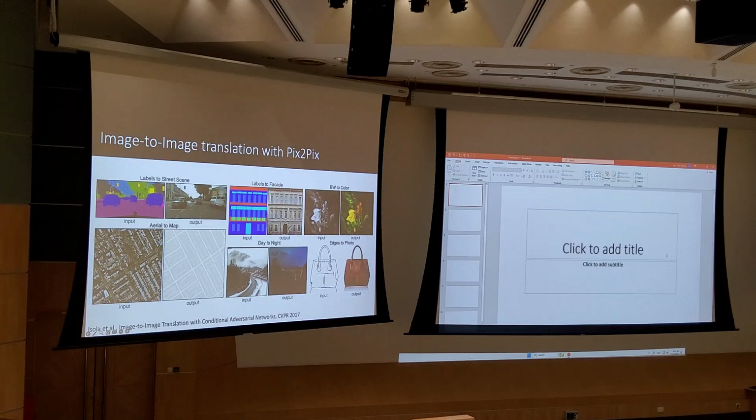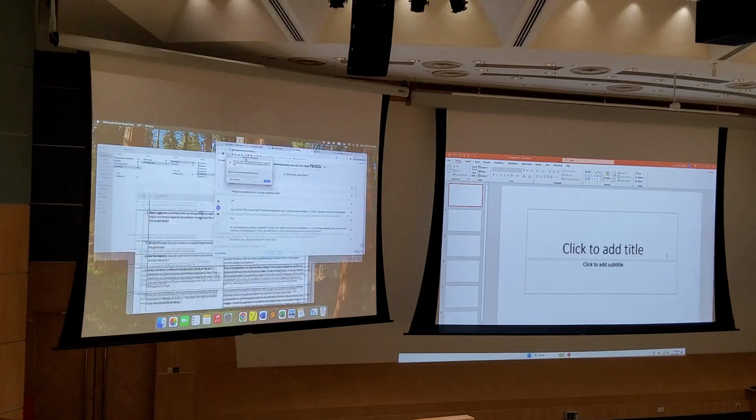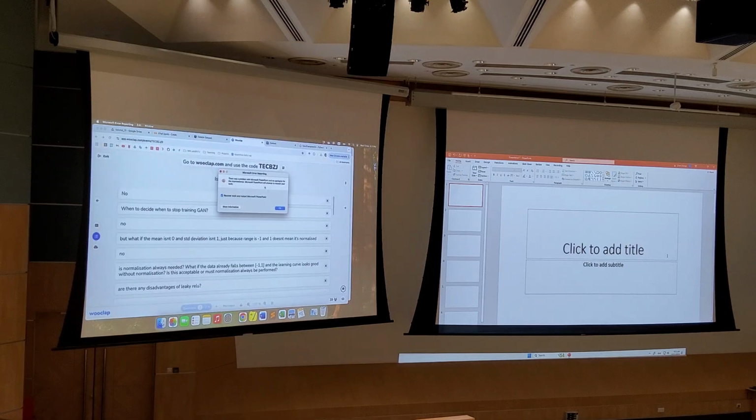Basically, image translation means that we can feed in one modality and get another modality as our output. For example, we can get RGB from edge, we can get a color image from black and white input.